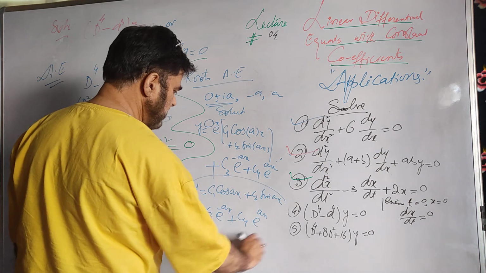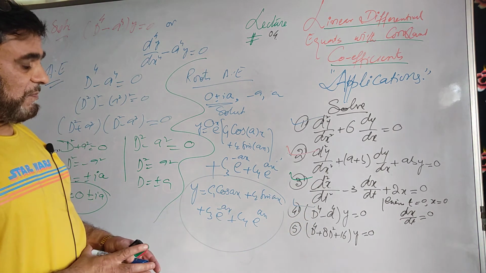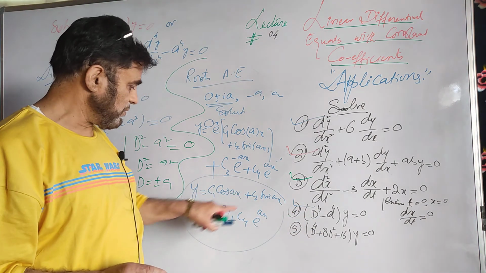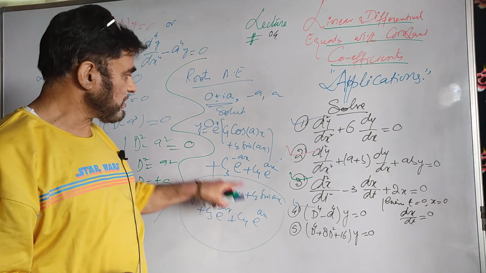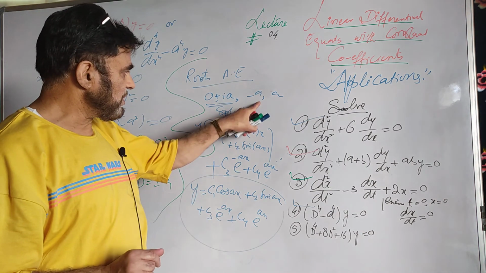This is the solution. You have seen that this equation has degree 4, so we have 4 constants, c1, c2, c3, c4. 2 of the constants correspond to the complex roots, and 2 other constants correspond to the real roots.